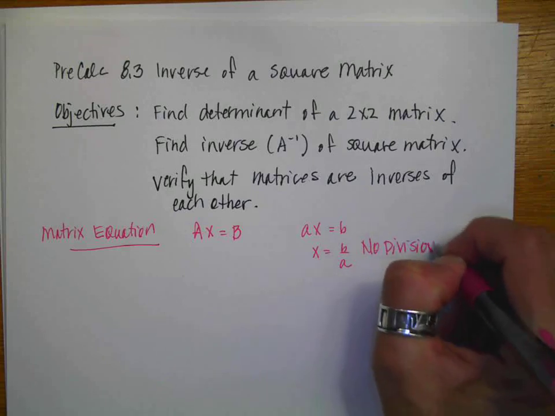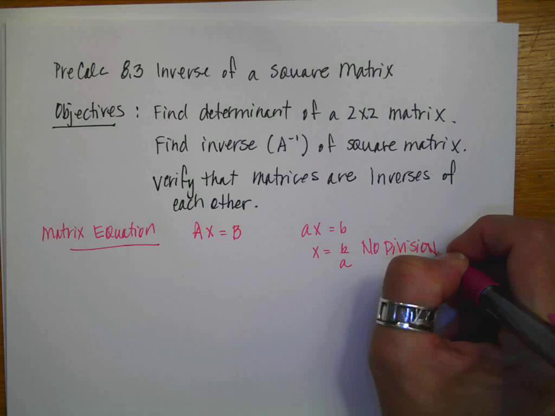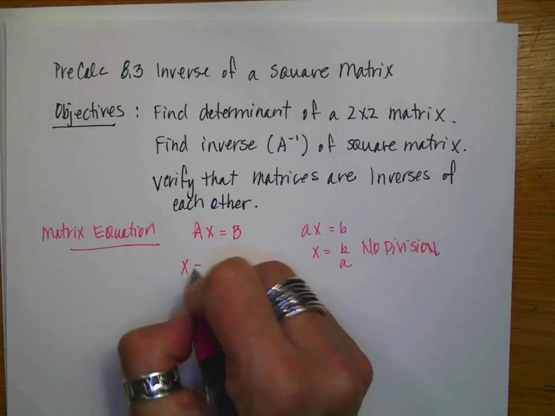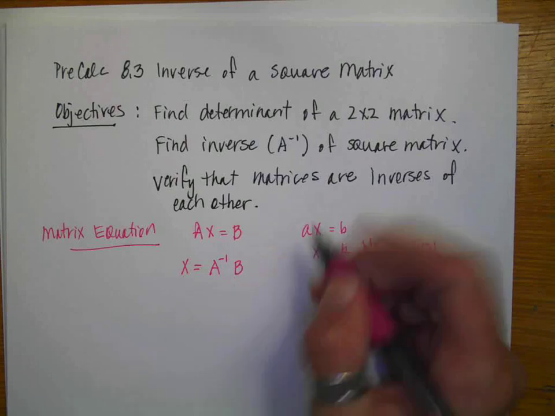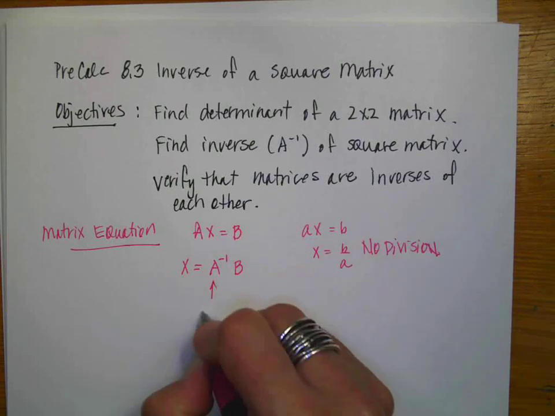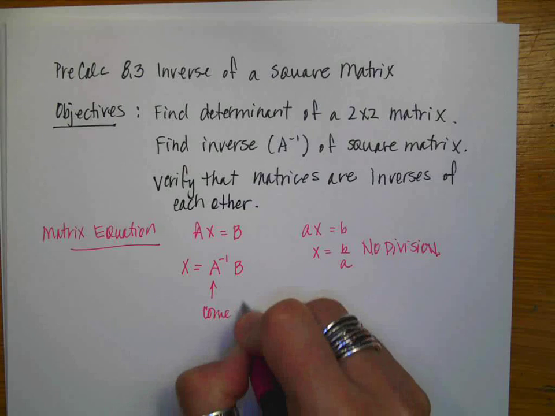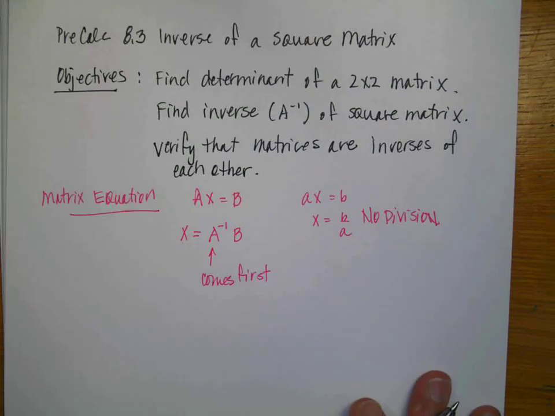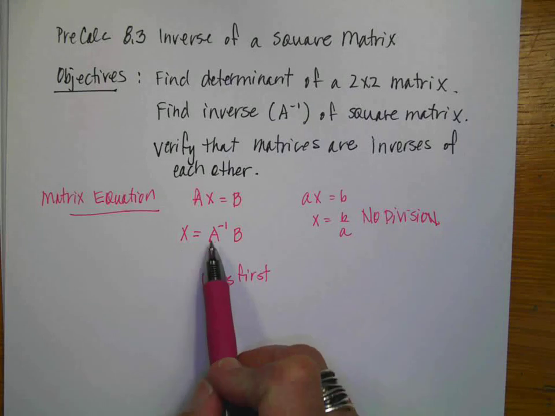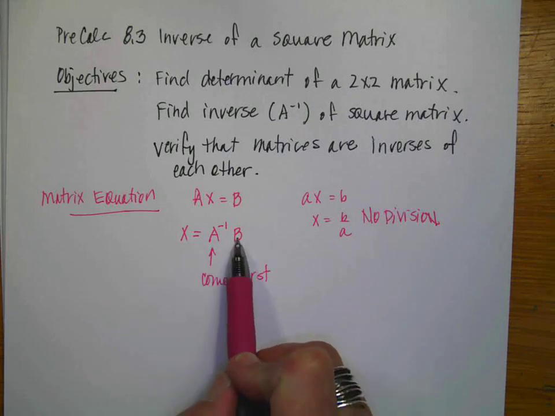So the only math operation that I have that resembles division is multiplication. So X is going to equal the inverse of A times B. And the inverse always has to come first. You can't do it in the reverse order because you will get the wrong answer. So X is going to equal the inverse of A times B.